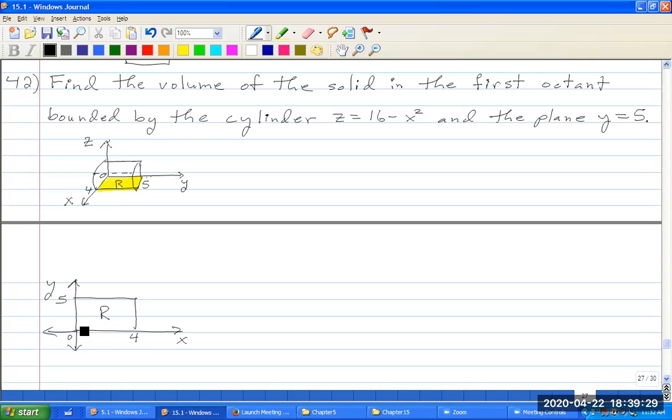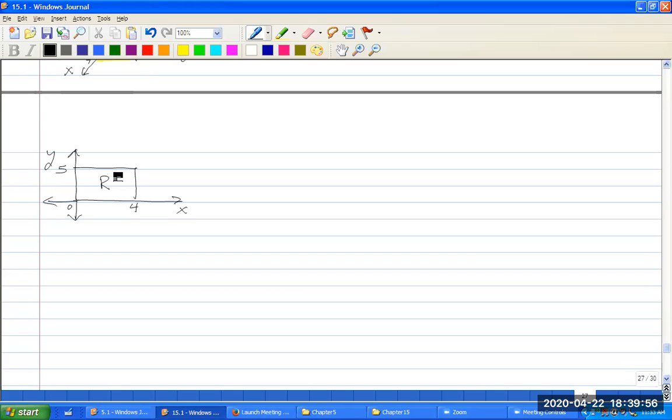And so this is at 4. And it goes all the way to y equaling 5. Okay, so now let's find the volume of this piece of a cylinder. So the volume is going to be, well, let's figure out what order we're integrating.